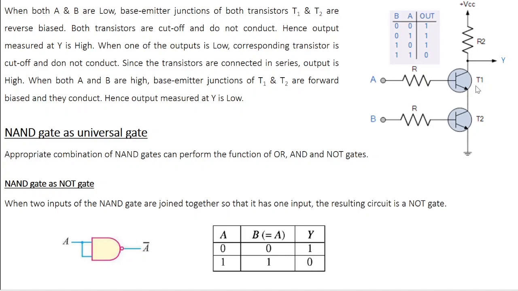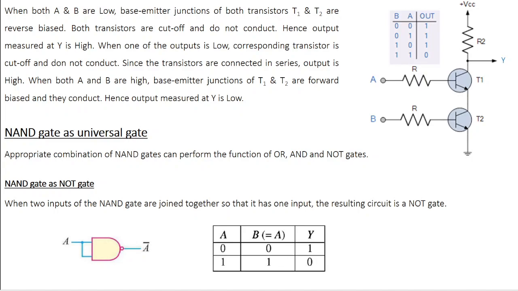So when this is low, remember this is an NPN transistor. So the P side is connected to a low voltage, which means the emitter base junctions of both T1 and T2 are reverse biased. So when the base is reverse biased, what happens? Base current is 0. Consequently, the transistor will be driven into the cutoff region, and in the cutoff region, the transistor doesn't conduct.